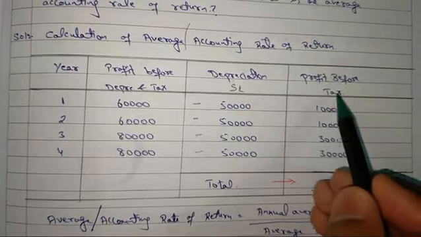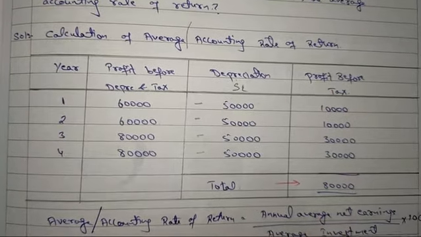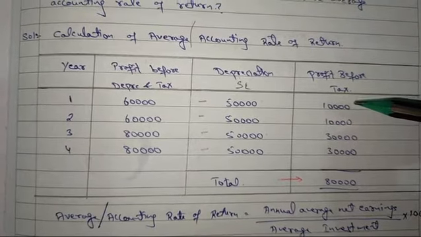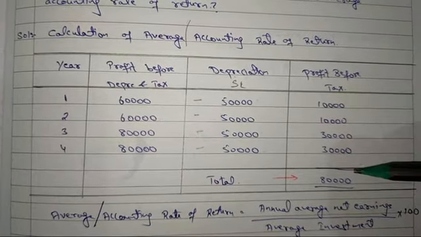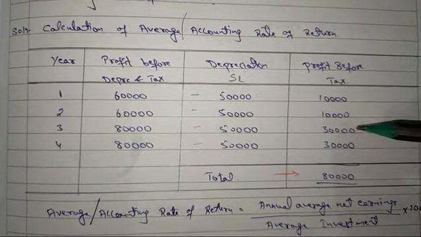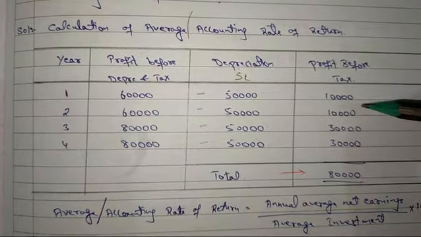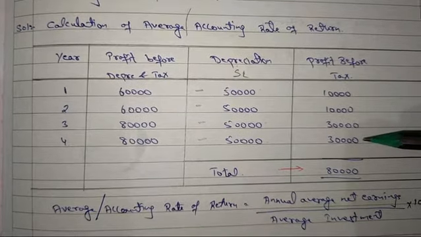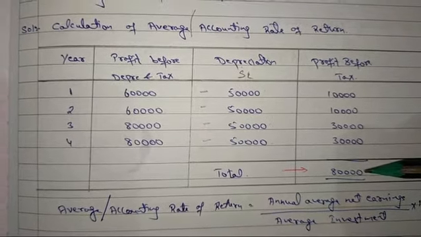This is profit before tax. Now we have to sum up: 10 plus 10 is 20, 20 plus 30 is 50, 50 plus 30 is 80, that is 80,000.